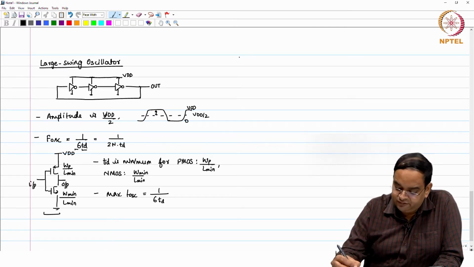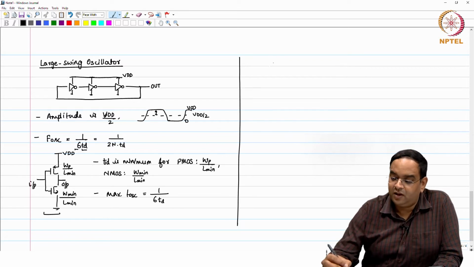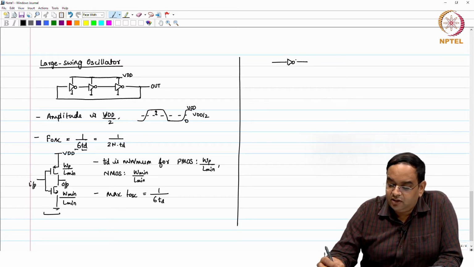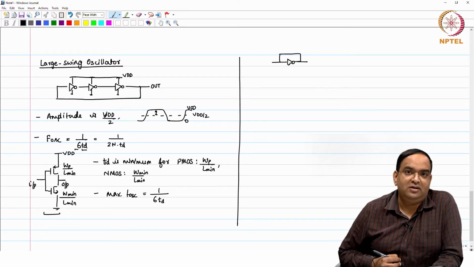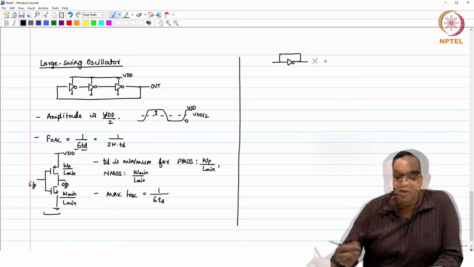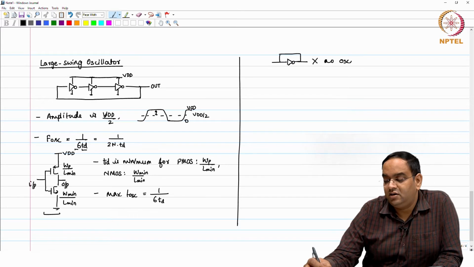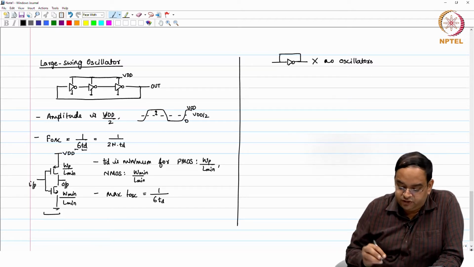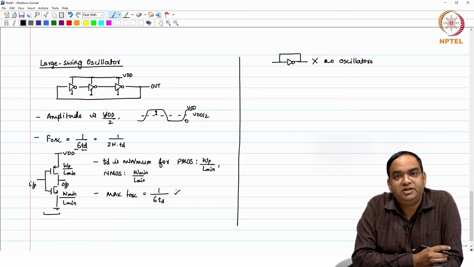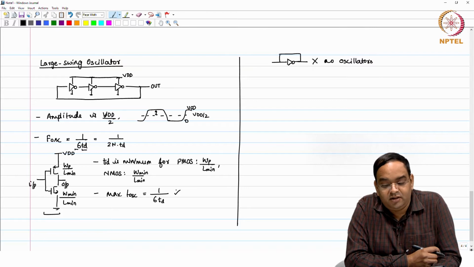If you chose only one inverter connected back to back, it is not going to oscillate at all. With 2 inverters, we have seen the problem with an even number of inverters. So, this is the maximum frequency of oscillation you can get.